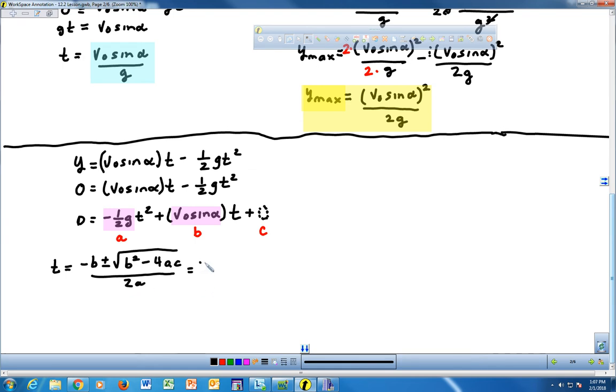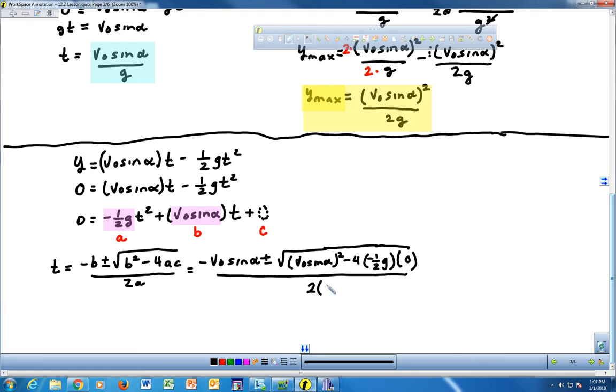So that's going to give us negative b, which is v sub 0 sine of alpha, plus or minus the square root of b squared, which is v sub 0 sine of alpha squared, then minus 4 times a, which is negative 1/2 g, times c, which is 0. Everything is going to be divided by 2a, and 2a is negative g. If we simplify this, we're left with negative v sub 0 sine of alpha plus or minus.